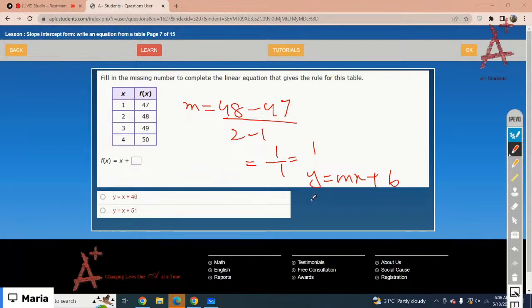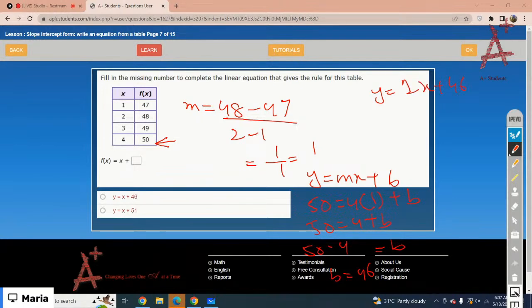You can use any point. So let's just use this one. Y equals 50 equals 4 times 1 plus b. So it would be 50 equals 4 plus b. You have to move 4 to the other side. It would be 50 minus 4. That means b equals 46. So the equation would be y equals 1x plus 46.